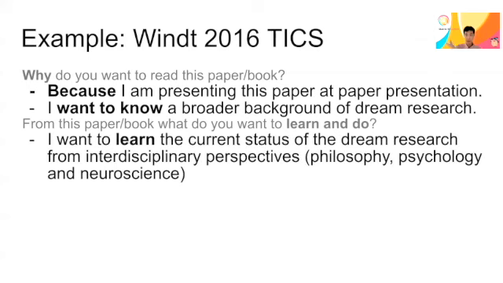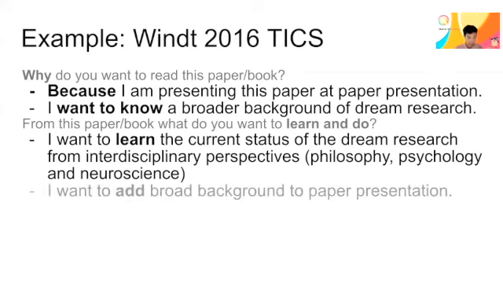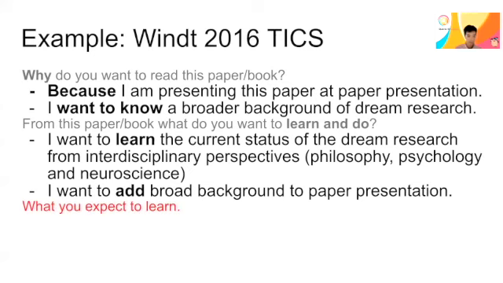What I imagined I could do after reading this is understand the current status of dream research, and what it's like to study dreams from an interdisciplinary perspective, combining philosophy, psychology, and neuroscience. Before reading this, I had some idea, but I wanted to go a little deeper, and also add broader background to a particular paper that I want to present to the lab.